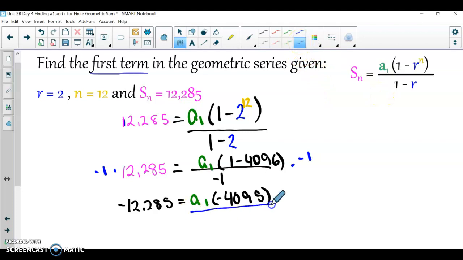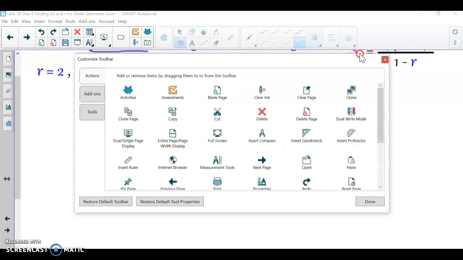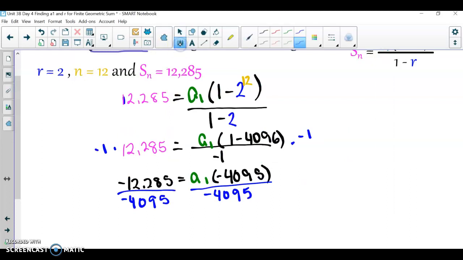Since we're multiplying by the negative 4,095, now we're going to divide by that amount. So if I divide negative 12,285 by the negative 4,095, you actually obtain A1. So A1 is equal to 3.